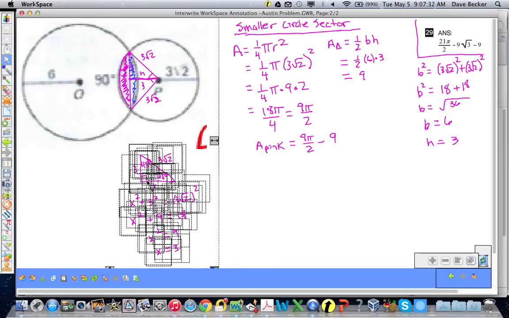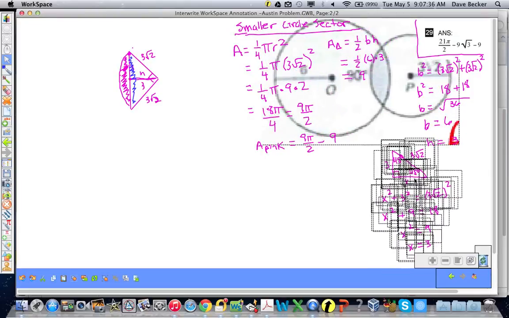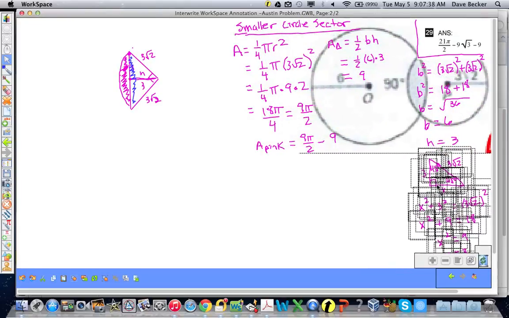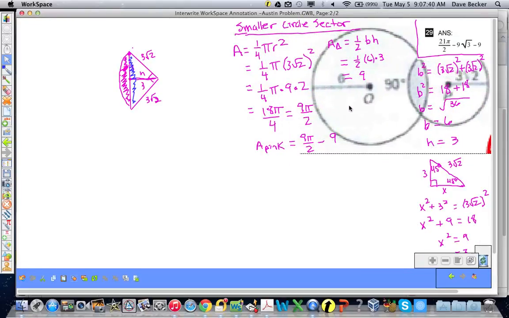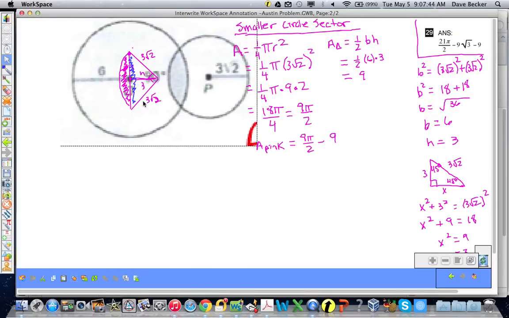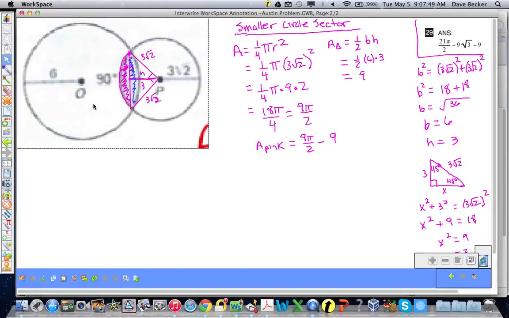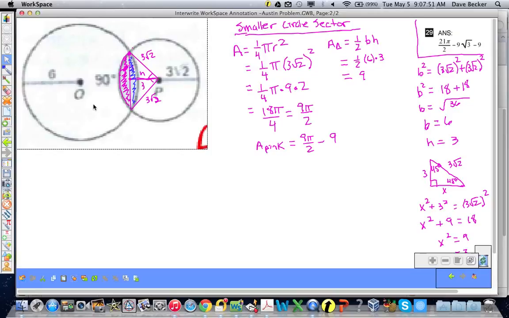I'm going to try and move this work over just to save it, so you'll have it if you need it. I'm going to take this back to where it was. Nope, that's wrong. It was here. Okay. And I'm going to erase this blue, kind of redraw everything just so you have it.